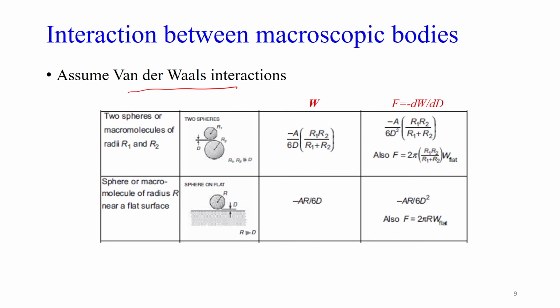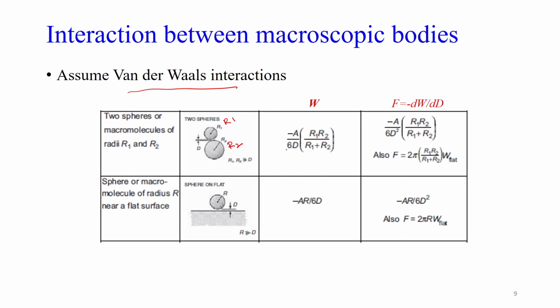So, we will take two cases. In one case, we are considering two spheres of different radius r1 and r2, and in between their distance is d.